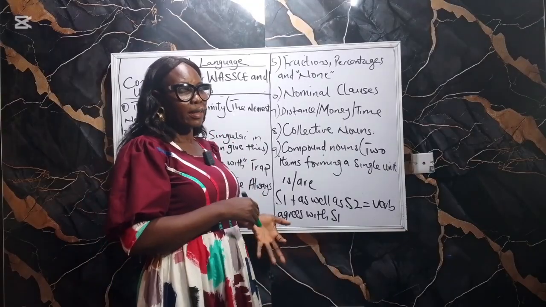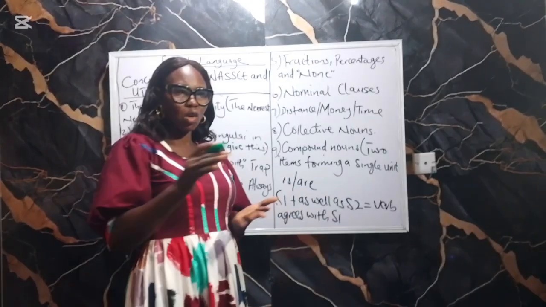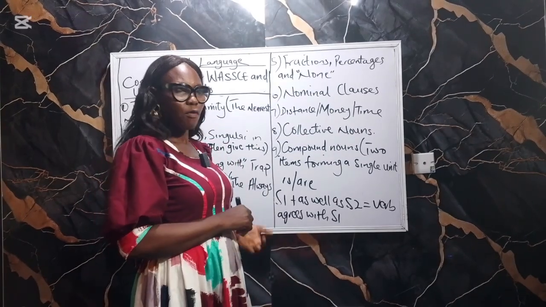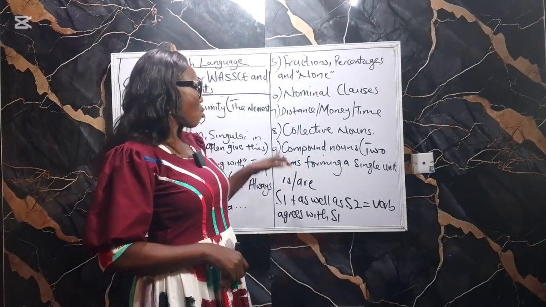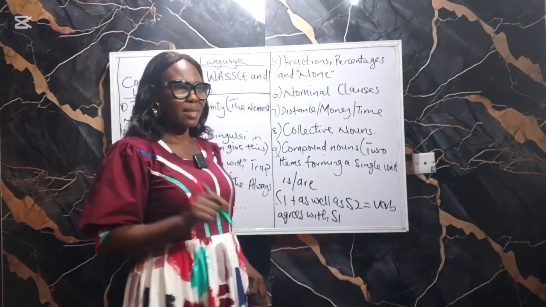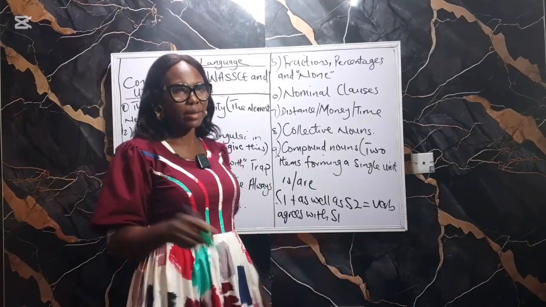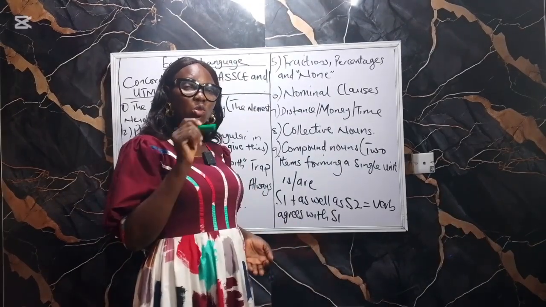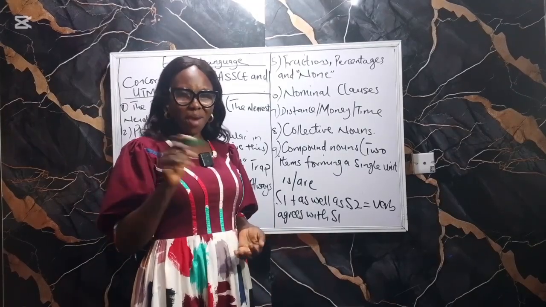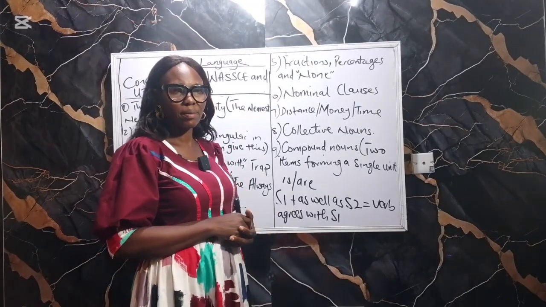When we have a noun clause in a sentence, the whole of the clause will take a singular verb. For example, what the students need is more practicals, not more holidays.